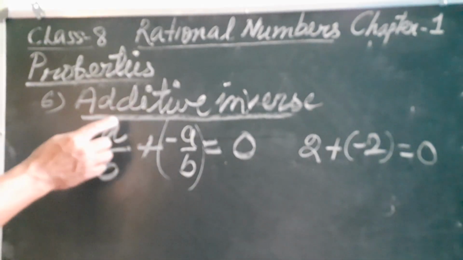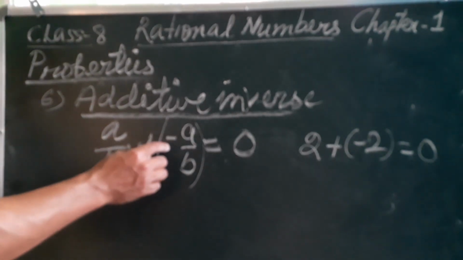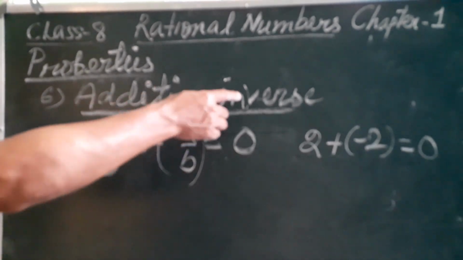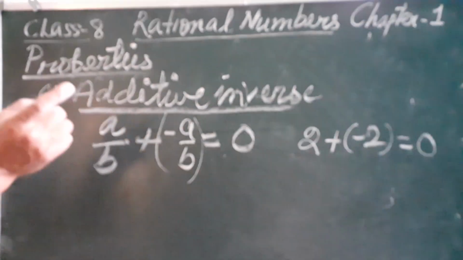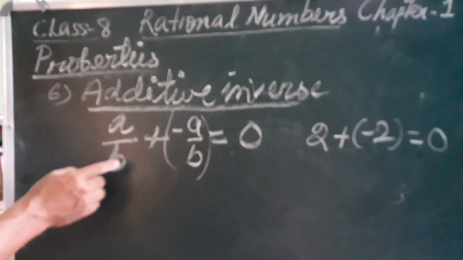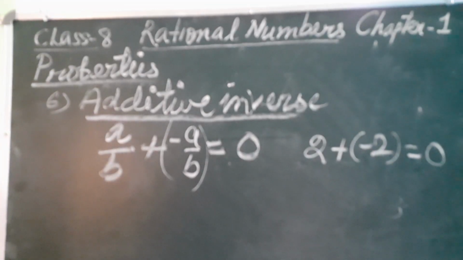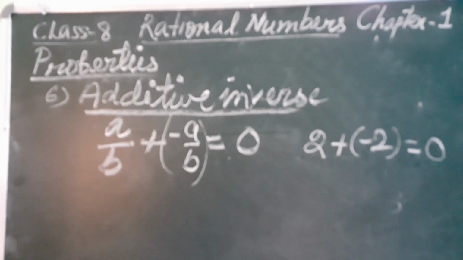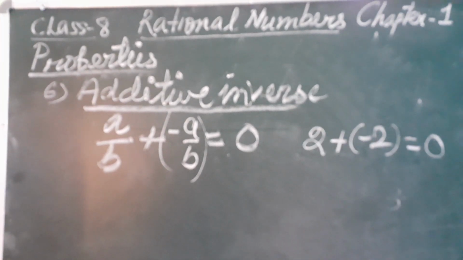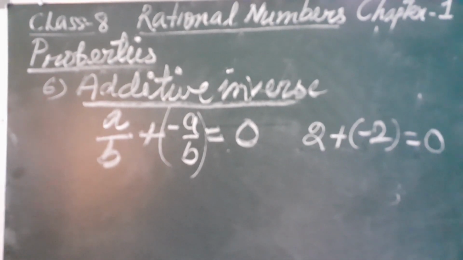Here minus a by b is the additive inverse of a by b, and a by b is the additive inverse of minus a by b. This means that the additive inverse is the opposite of rational numbers.